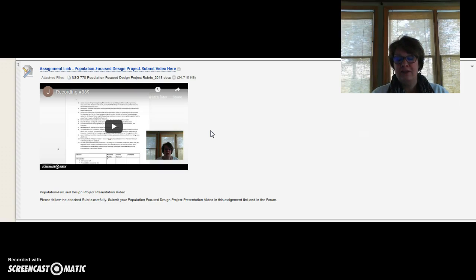And this assignment is designed this way because the hope is that you will actually do so and move forward with implementing the population health project. So this is designed to give you everything that you need to actually move forward with this particular project.